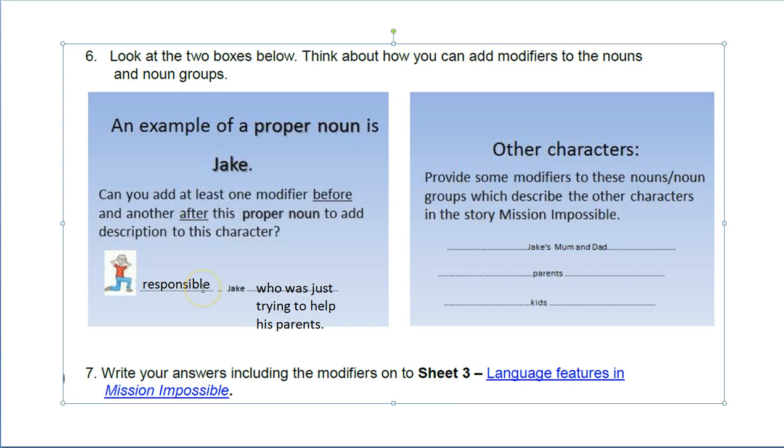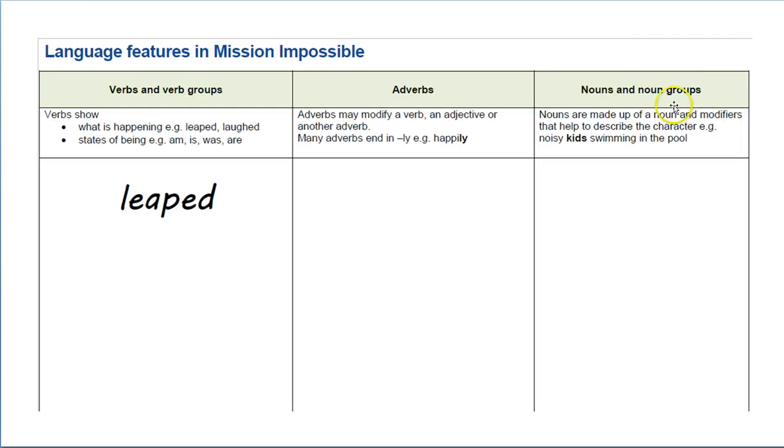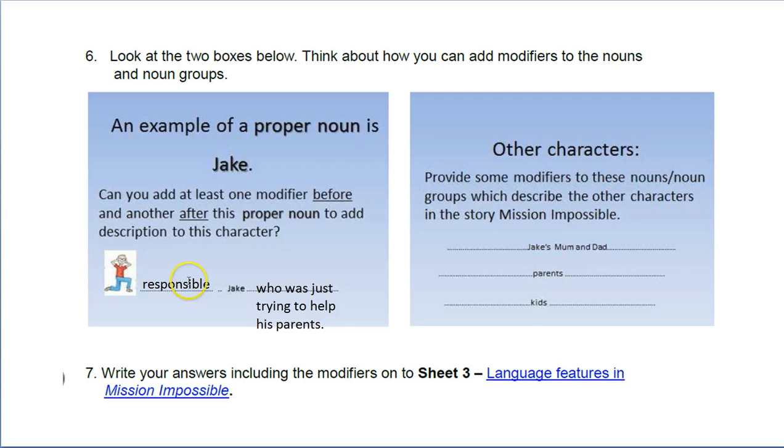You can write mine in, and I'd like you to go and think of another one of your own. You can put them on sheet 3, which would look like this over here. Now to do this, you would probably try and use a descriptive word like an adjective before the word Jake, and then some information that is almost like evidence to your description.